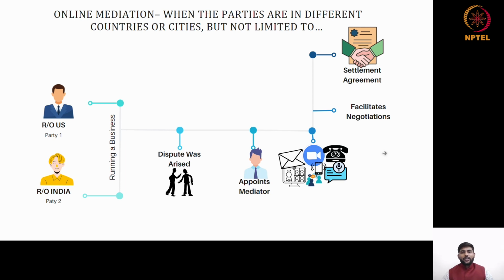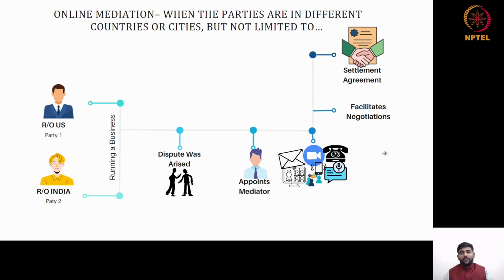In those circumstances, the parties can sit in their own country or city and communicate through virtual space, that is through emails, WhatsApp, messaging tools and video conferencing tools, and resolve the dispute. Here I have graphically represented how parties sitting in different places or countries resolve their disputes.